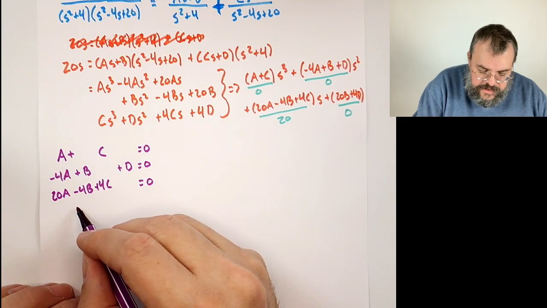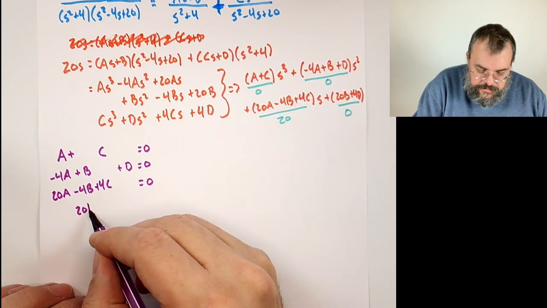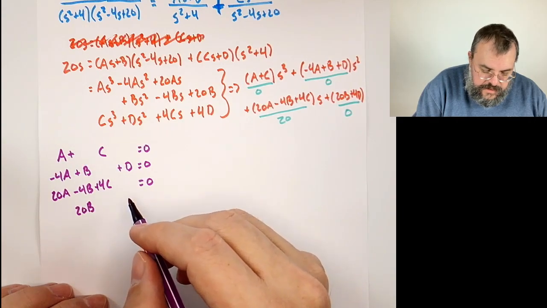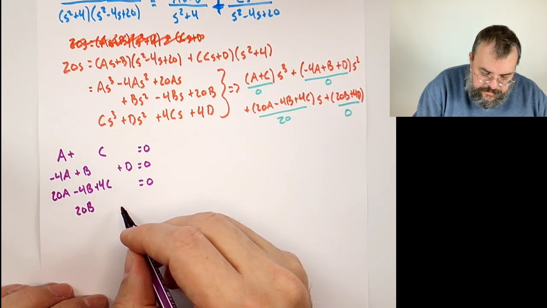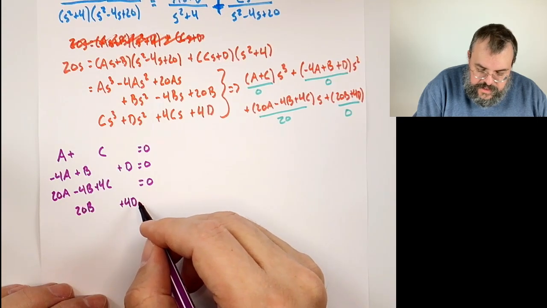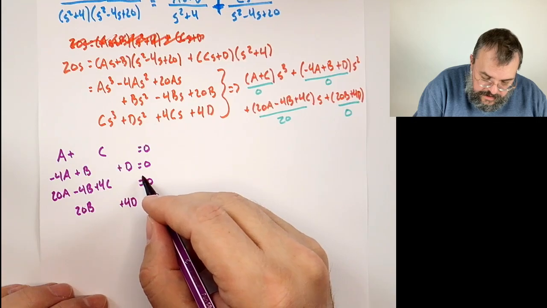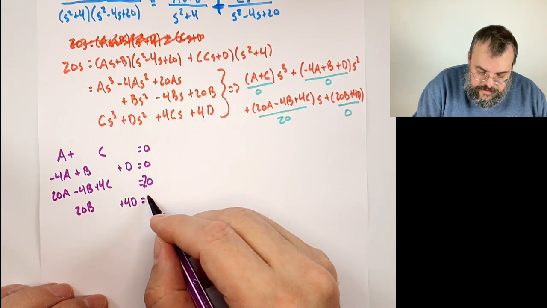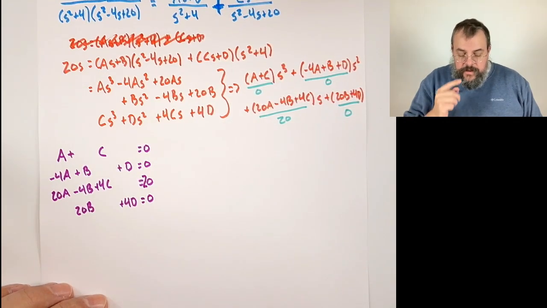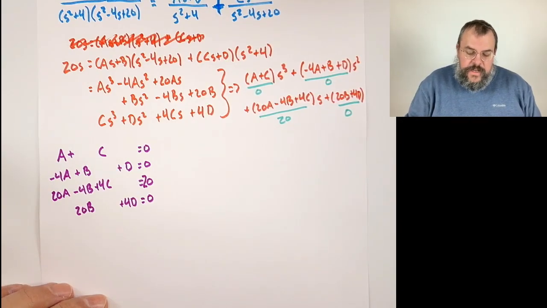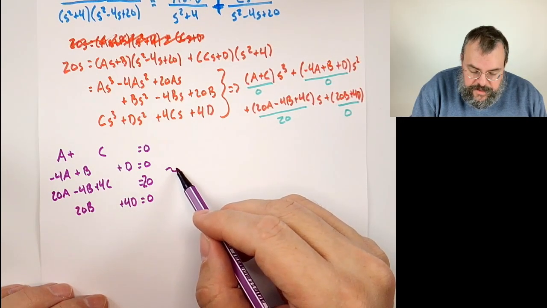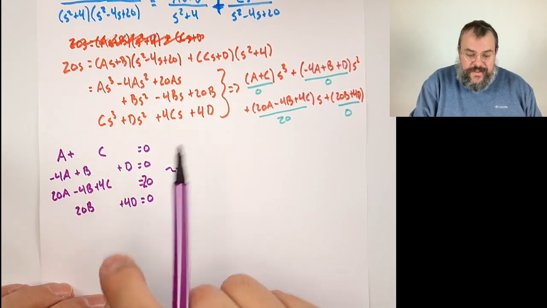And 20b plus 4d, not, this part doesn't equal 0, this equals 20, equals 0.